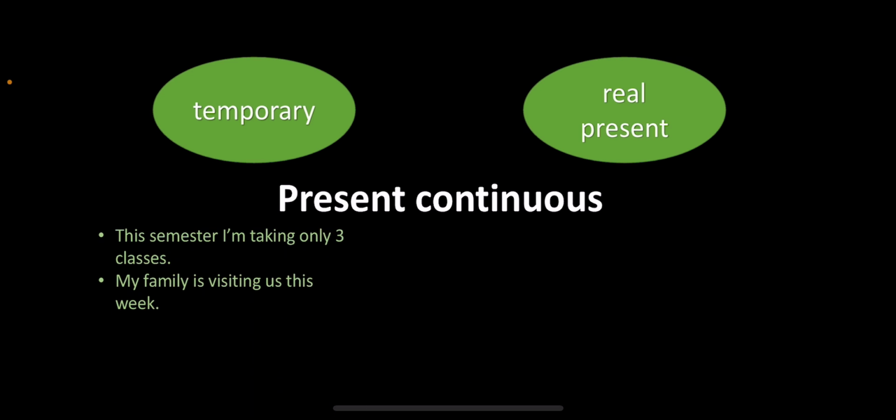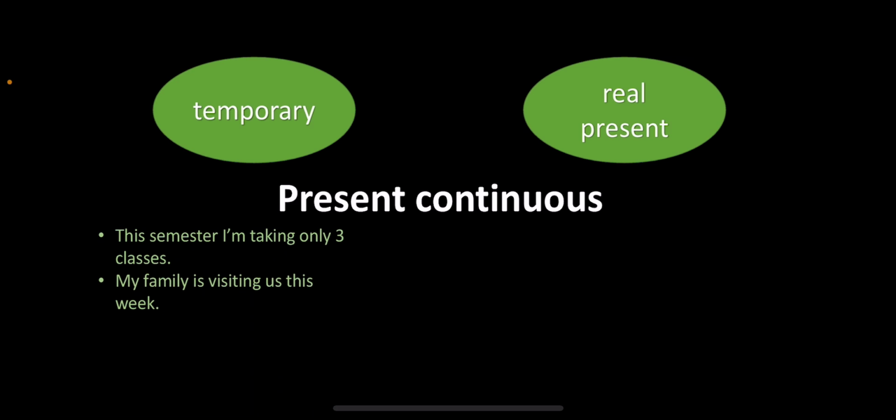For temporary activities, for example, we can say, this semester I'm taking only 3 classes. Check that the verb take is in continuous form because it has the gerund, ing. And I'm also converting the sentence into continuous because I'm using the verb to be.